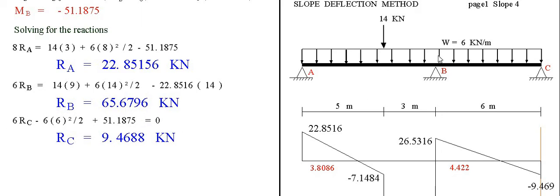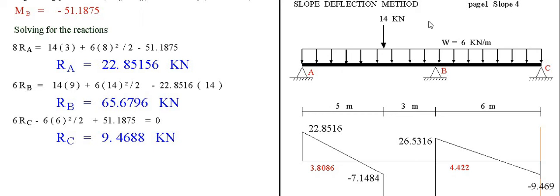So in this direction RA is counterclockwise with respect to B. This is in this direction. The moment at B is also in this direction, so positive, except this uniform load is in this direction.